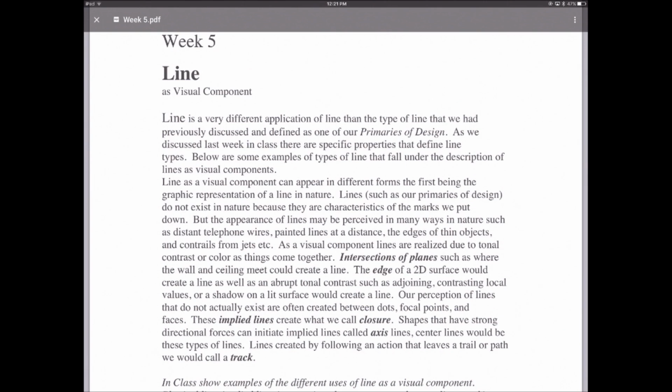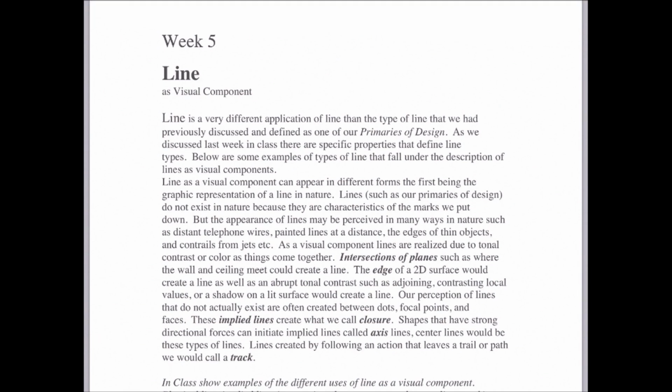Line, as it's expressed as a visual component, is created in different ways. Lines, like shape, like color, like space, rhythm, all of our 7 components, can be measured and weighed against one another.